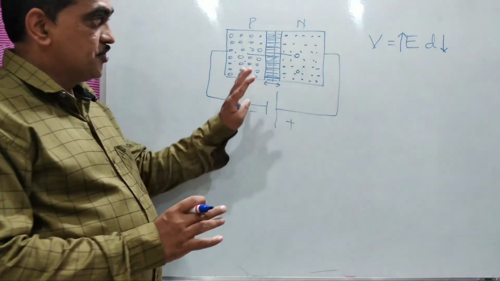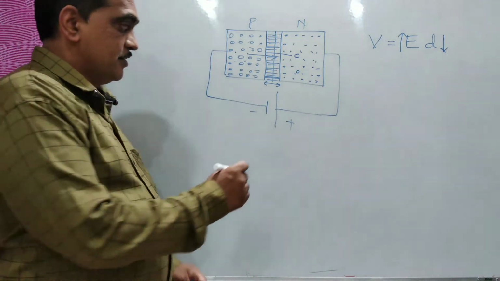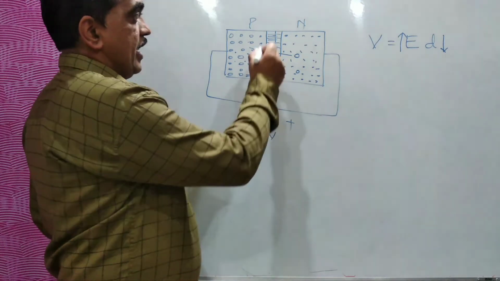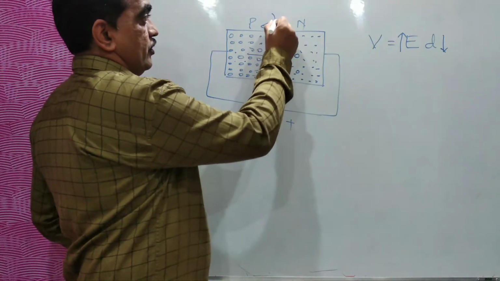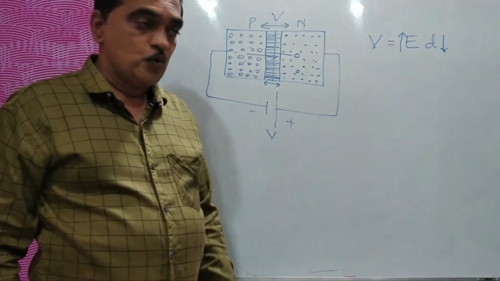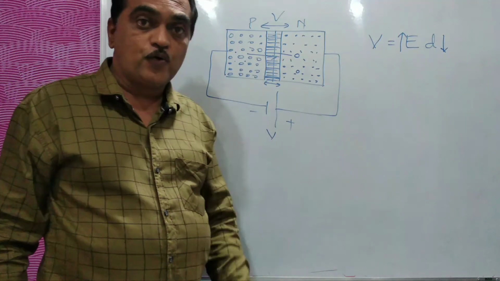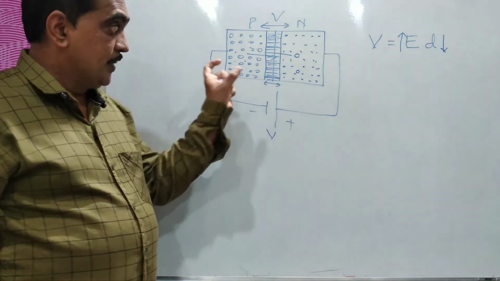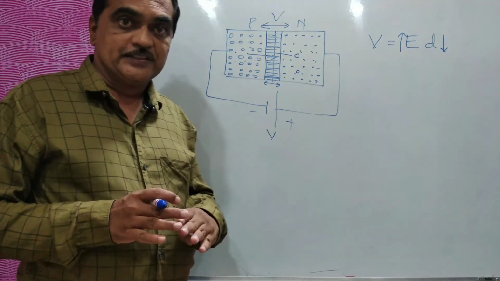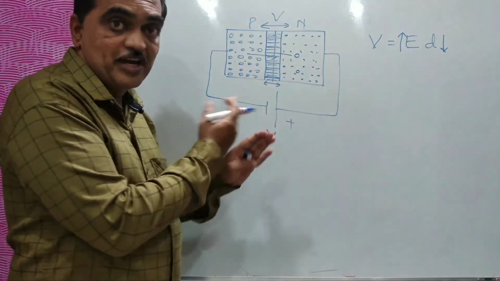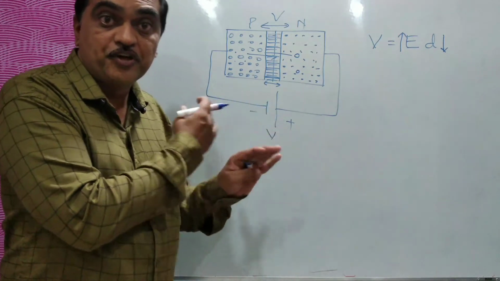Now the speciality of that breakdown is that when the Zener breakdown occurs and the minority charge carriers start flowing, there is a large current flowing.